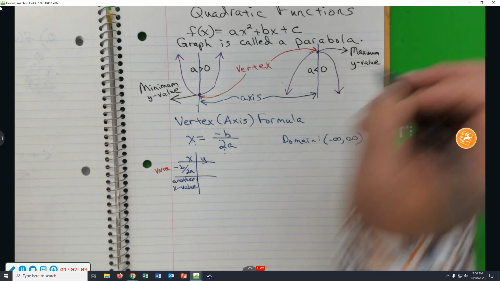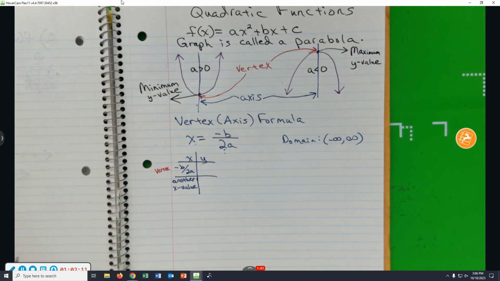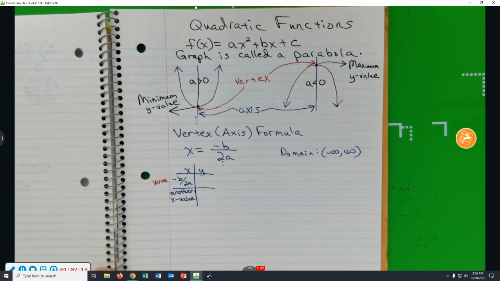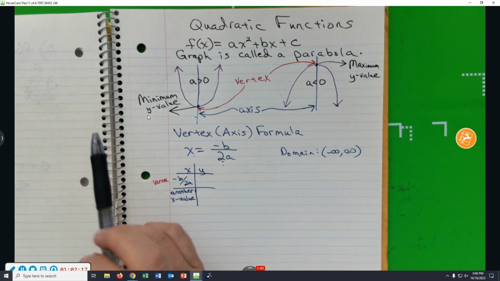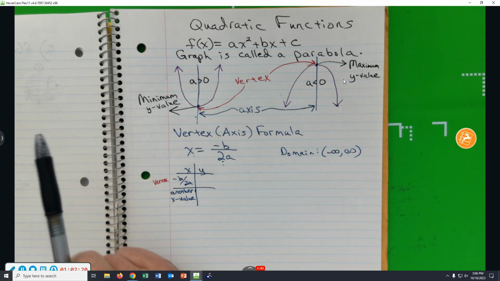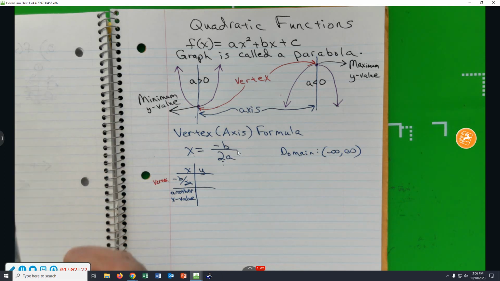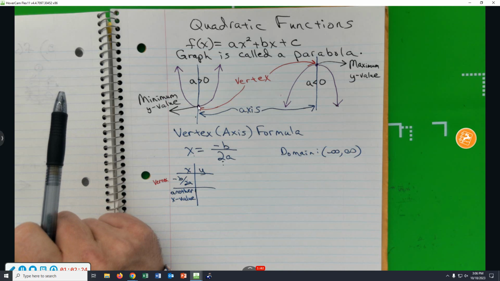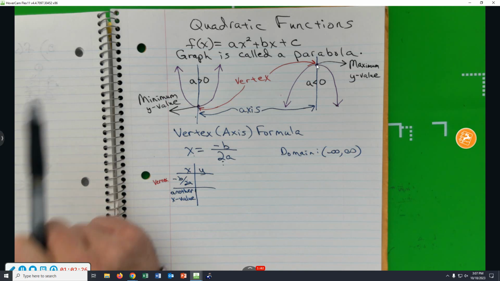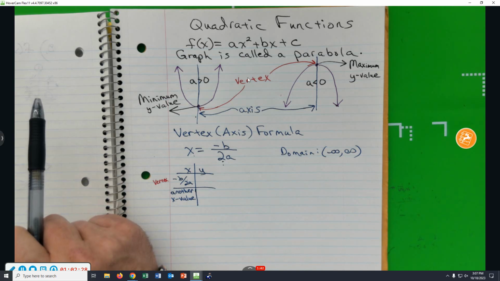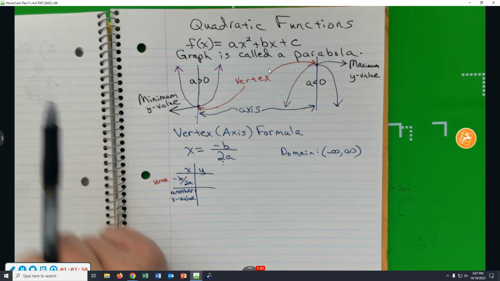In a little while, we're going to have some really good applications, word problems, of quadratic functions, and they're going to be asking you, find the maximum or the minimum value. If you have a maximum or a minimum value of a quadratic function, then those things must occur where? At the vertex.